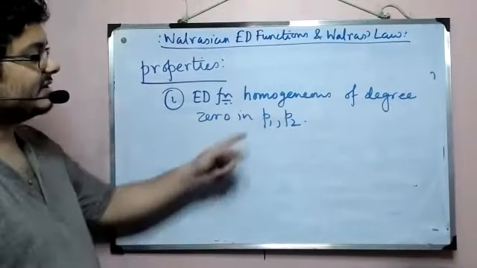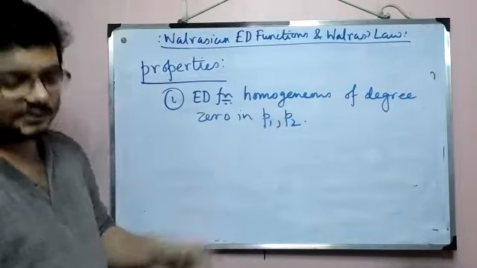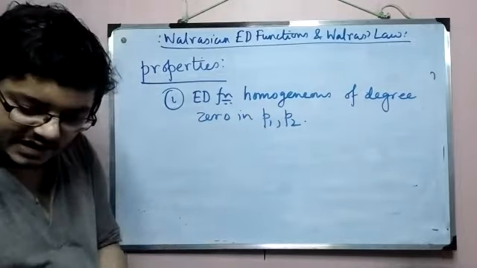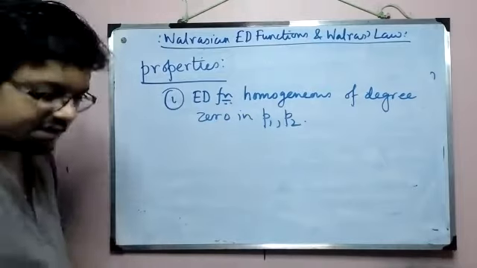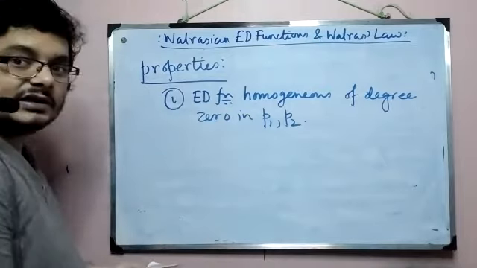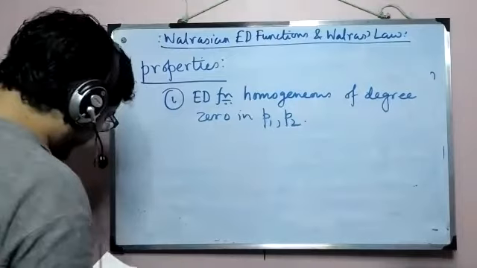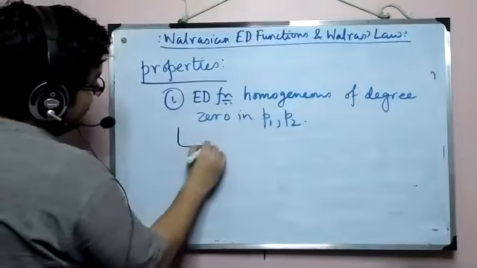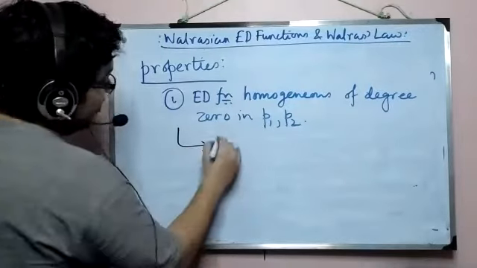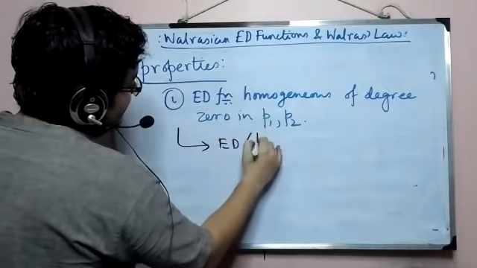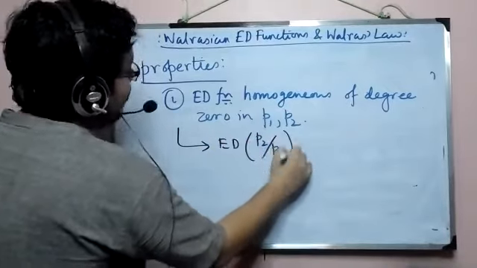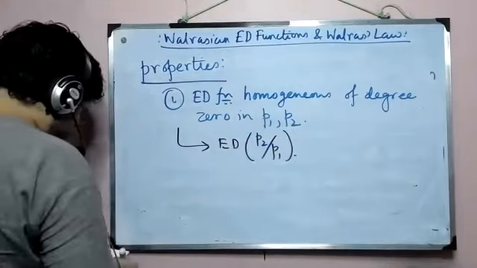This is the reason that if you multiply P1 and P2 by any k, you get the same equation in return. As a sub-result, what you already showed, that ED basically is a function of P2 by P1 or P1 by P2, whatever you prefer.